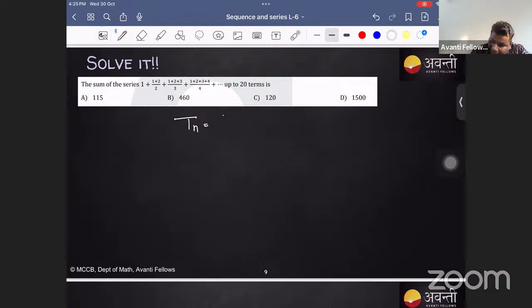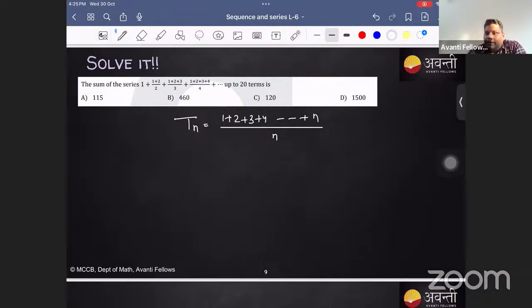So the nth will have 1 plus 2 plus 3 plus 4 up to n, divided by n in the denominator, since the denominators are 1, 2, 3, 4.